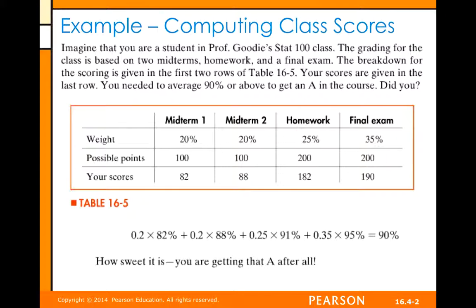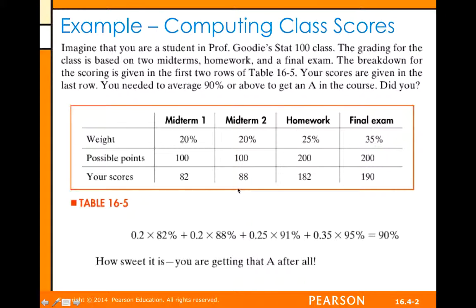So you got a 91% here in the homework column. And finally, in the final exam column, you got 190 out of 200. So this is not 190%. This is a 95%.